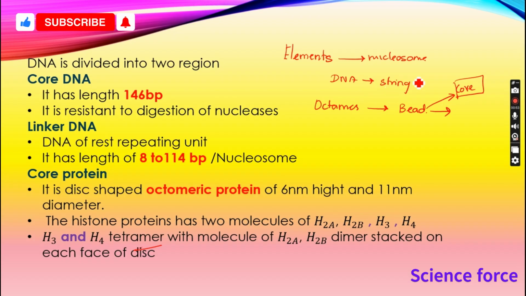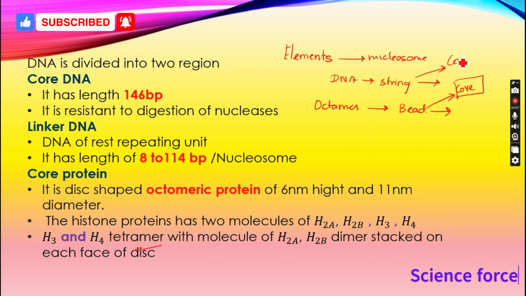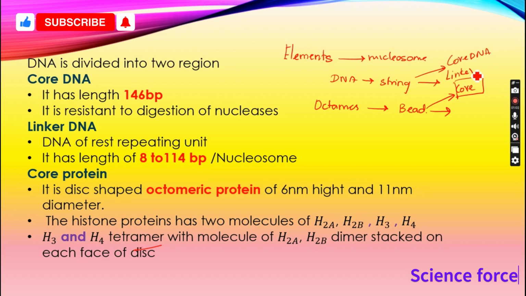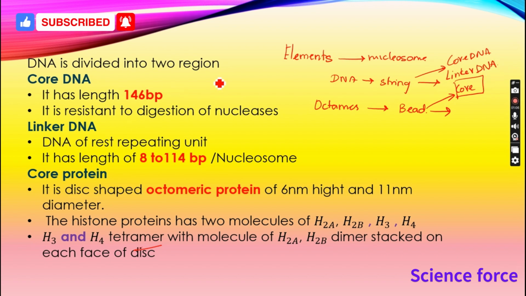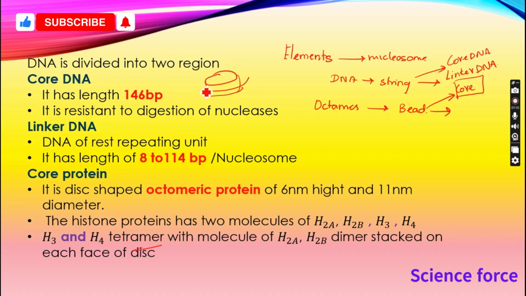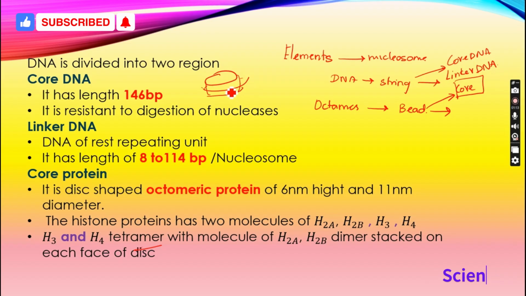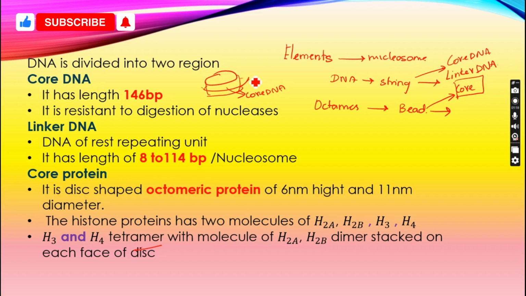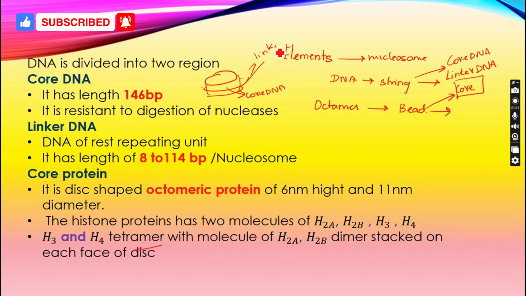The DNA can also be known as core DNA and linker DNA. A core DNA is the DNA wound around the octamer. A linker DNA is the DNA which is away from the octamer.